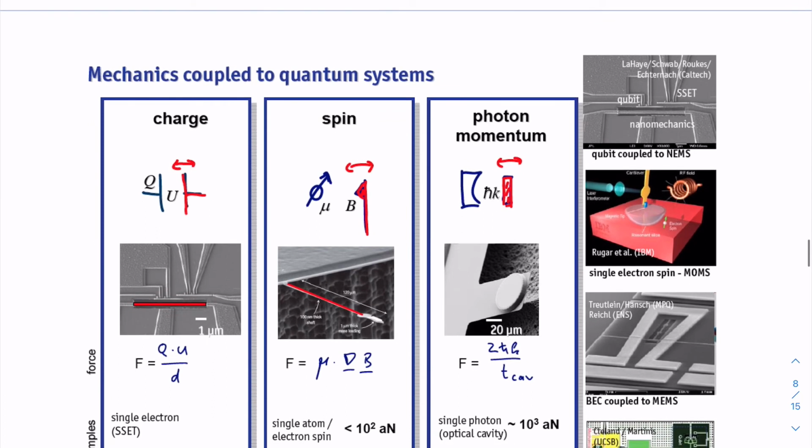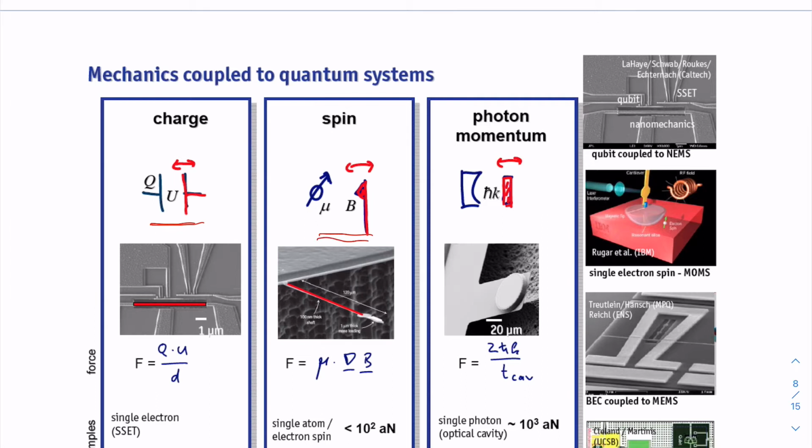One of the biggest advantages of a mechanical solid state system is its functionality. Say, if we put a conductor on top of a mechanical system, just like here, it gets coupled to charge. If we put something magnetic on top, just like here, it gets coupled to spin.